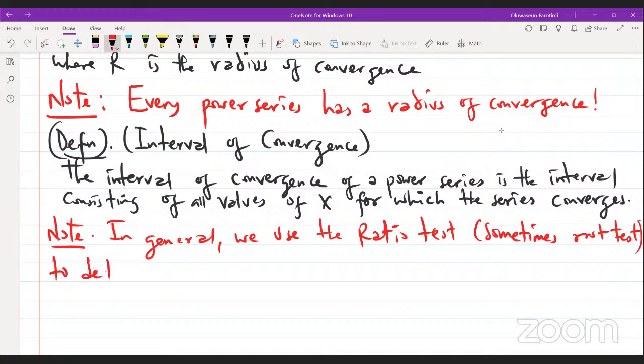To determine R, what is R? Radius of convergence.